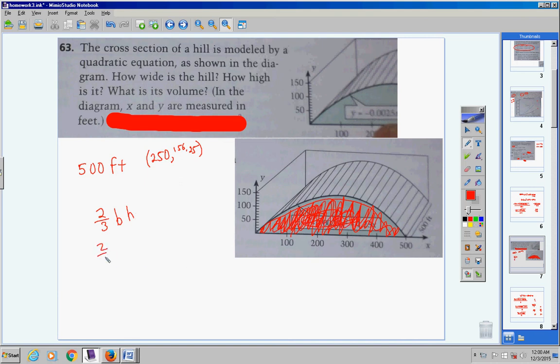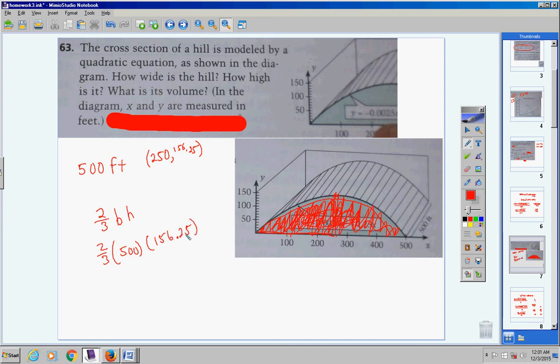Well, okay, we have 2/3. The base going across is 500. And we already saw that the height of this face, remember the vertex, go over 250 and then go up 156.25. So the height of this shaded area is 156.25.